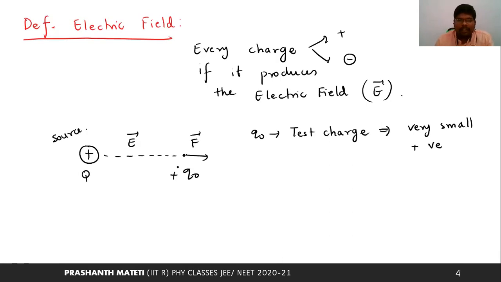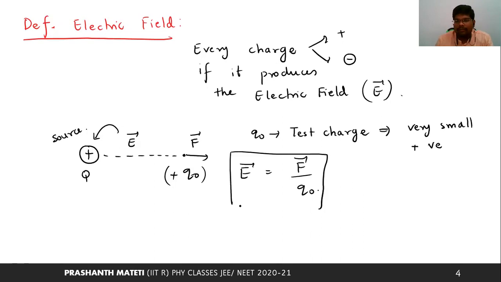The electric field is produced by the source charge, so it should be independent of the test charge. That is the reason why the electric field is defined as the force per unit charge, that is, divided by the test charge that you have kept there. Since the test charge has to be very small, we can also write it in this manner.